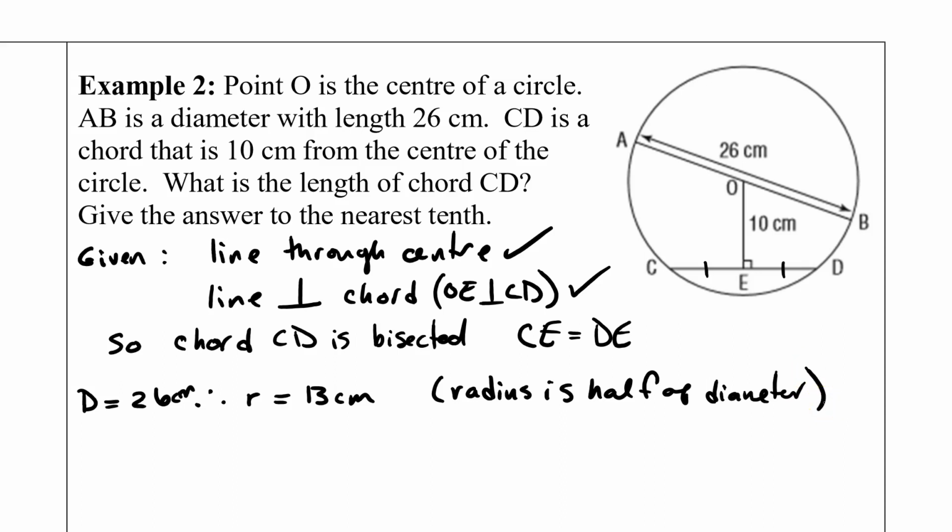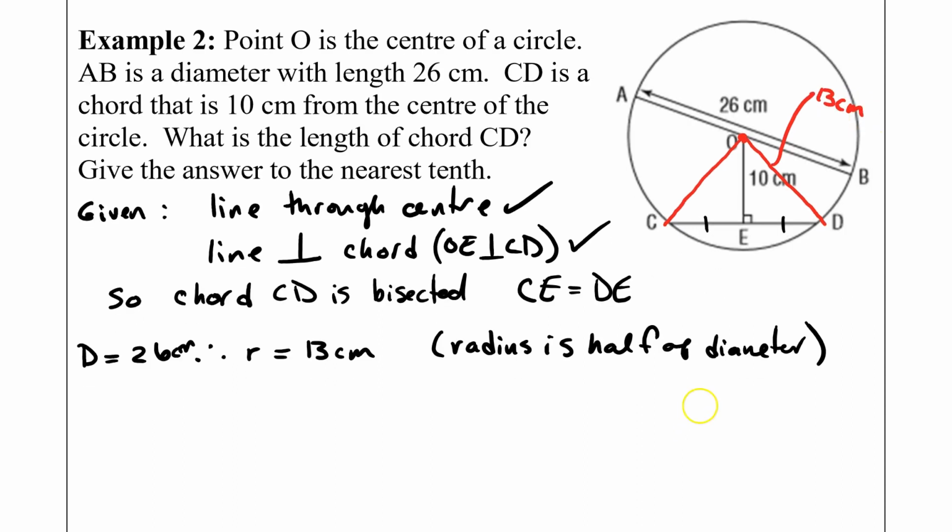A very important trick that you can use time and time again with these circle problems is that you can draw from the center to the chord, and I know what that length is. OE is 10 centimeters, and I know the radius is 13 centimeters.